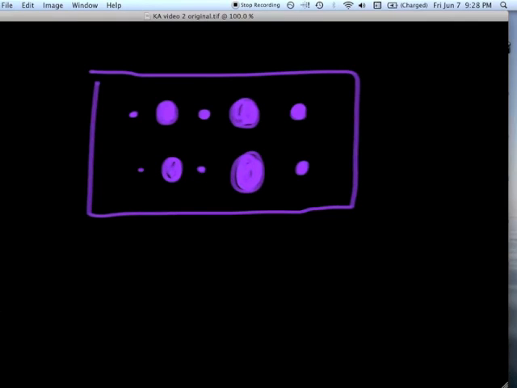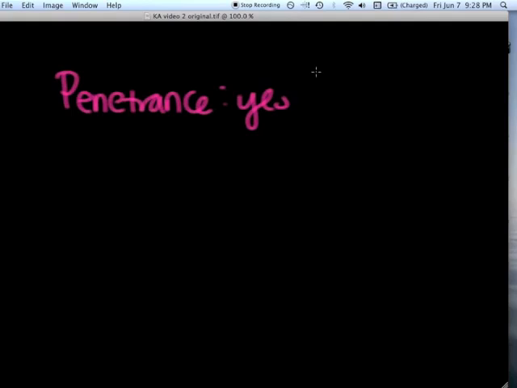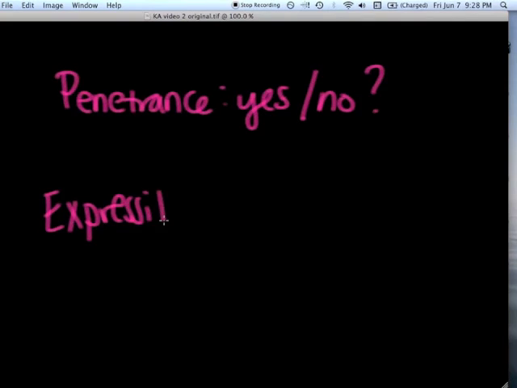So to summarize, penetrance answers the question yes or no. If they have the allele, will they or will they not develop the phenotype? Expressivity, on the other hand, answers the question how much.